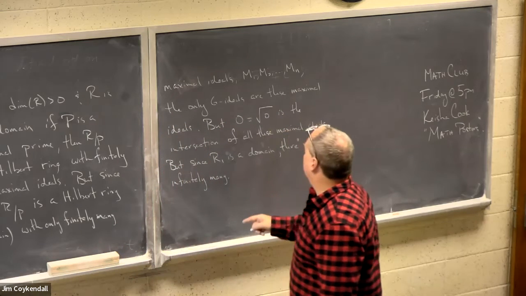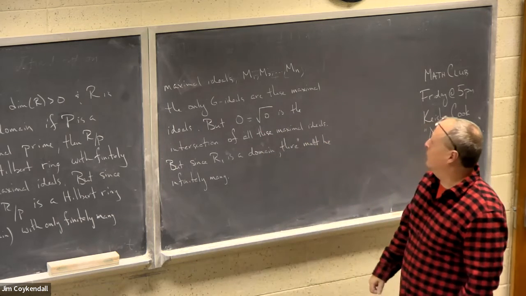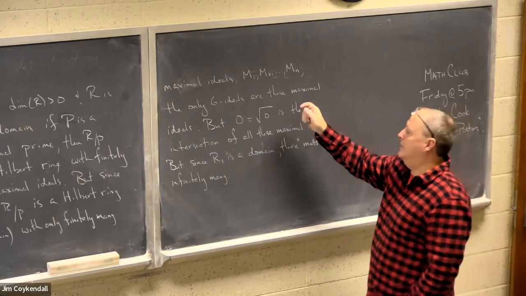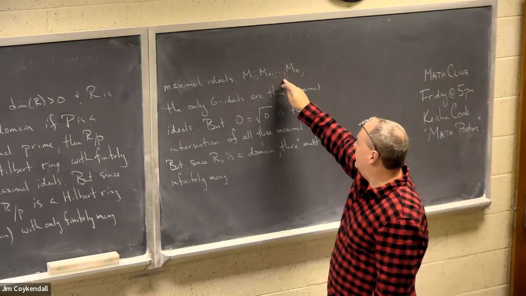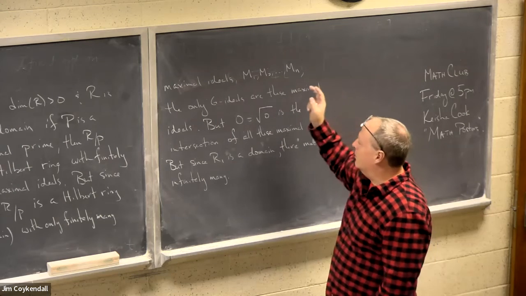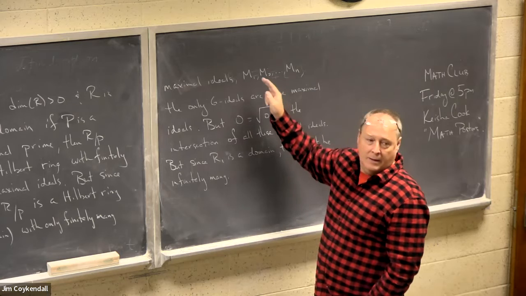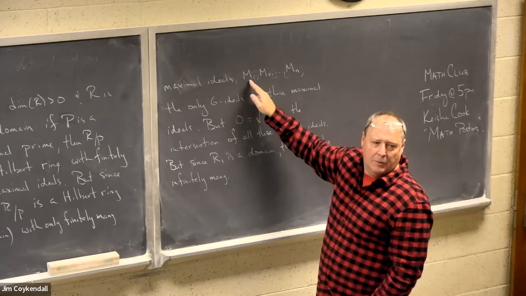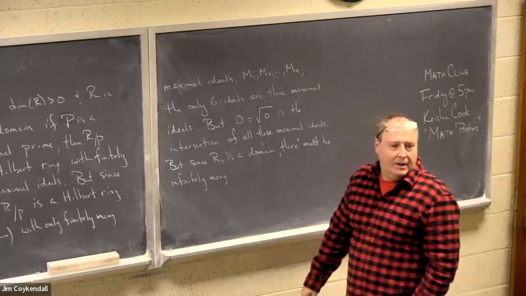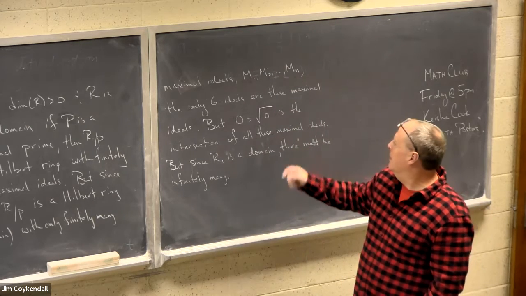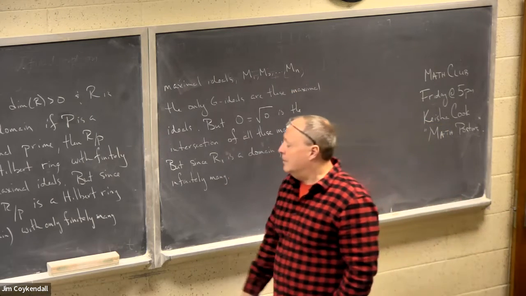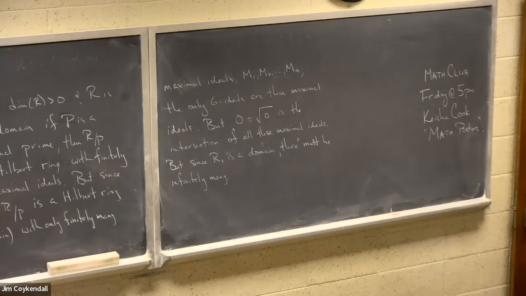Right, the radical of 0 is the intersection of these maximal ideals, since the radical of 0 is the intersection of the G ideals contained, and this is it. But this is impossible with only finitely many, because R is a domain, and for example, take x1 out of M1, x2 out of M2, and xn out of Mn. That product is actually in the intersection of these ideals, and can't be 0 if R is a domain. So there must be infinitely many of them.